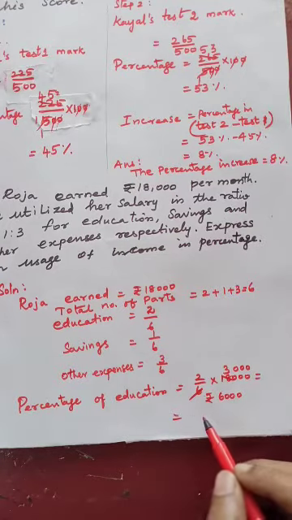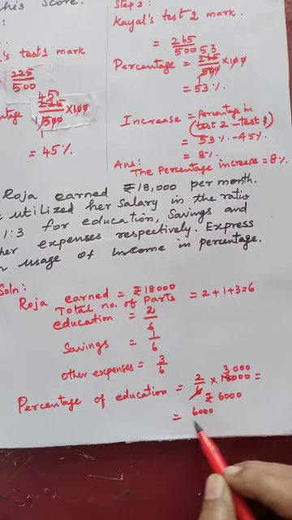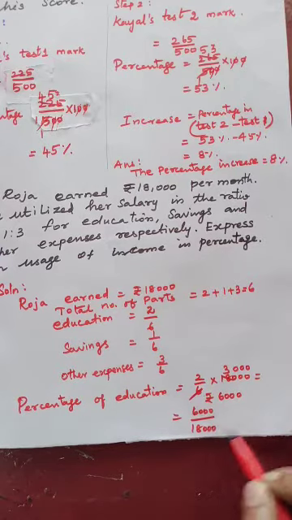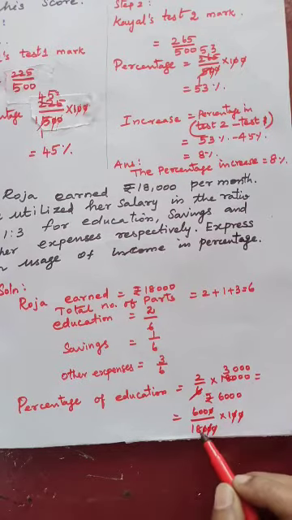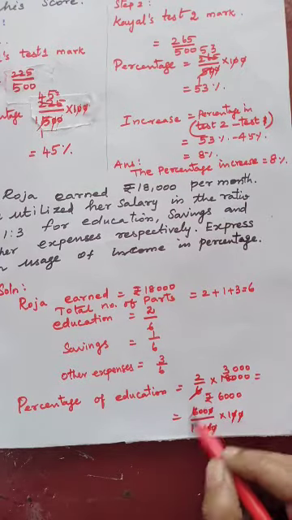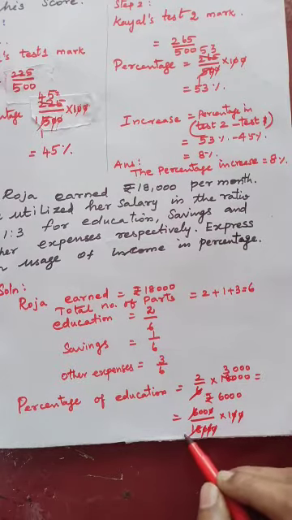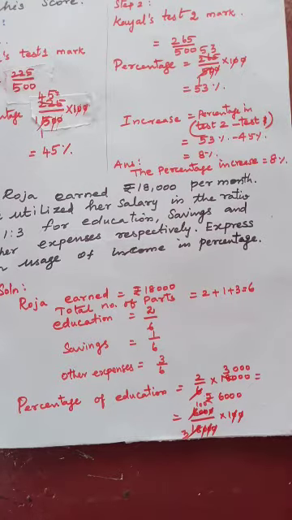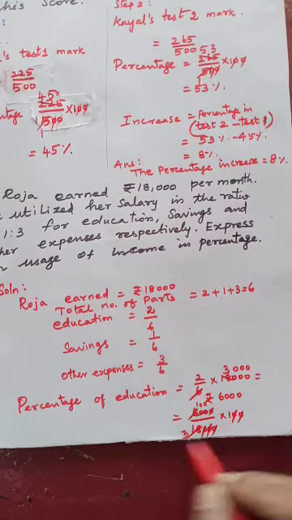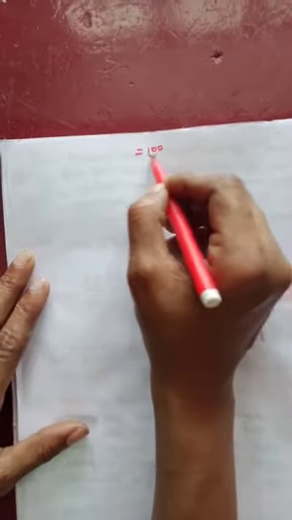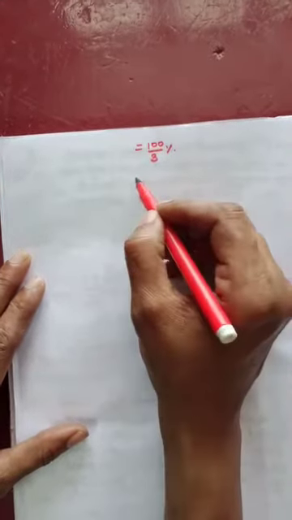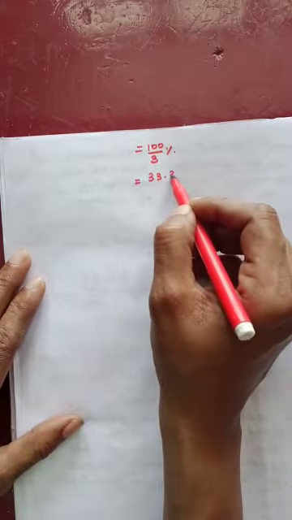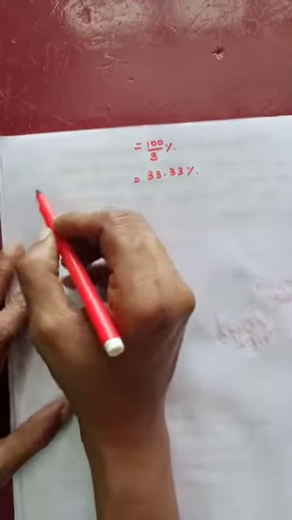Now percentage is equal to 6,000 by 18,000 into 100. Now cancel 2 zeros, here 1 0. 6 1s are 6, 6 3s are 18. So here 100. So for education it is 100 by 3 percentage, that is equal to 33.33% for education.